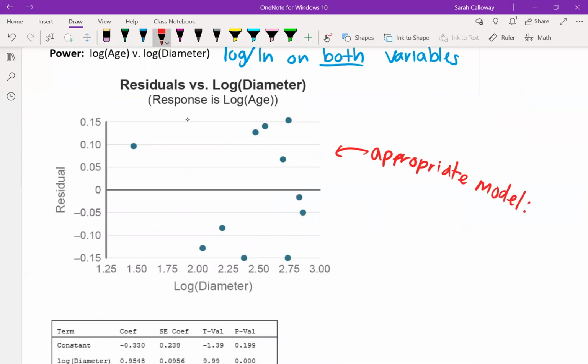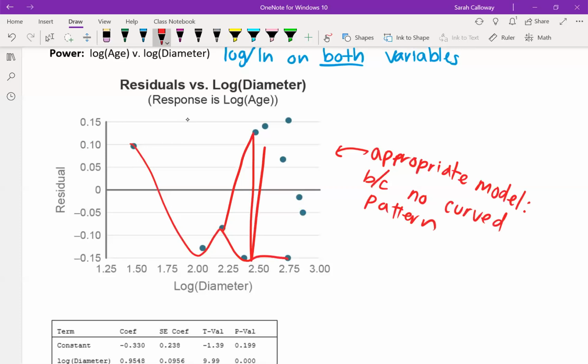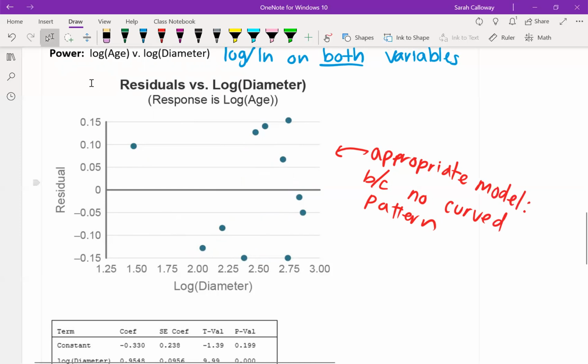Again, because there is no curved pattern, meaning I cannot connect my points with a nice curved line, right? I've got this crazy zigzag thing going on. That's not a beautiful curved line. So that means that this model is appropriate to be a power model.